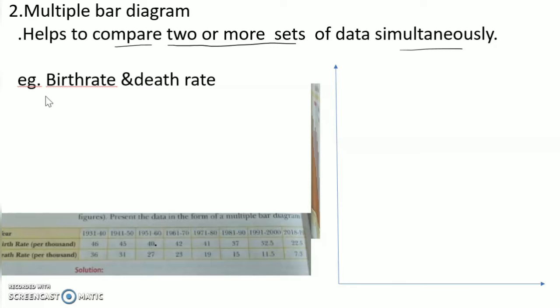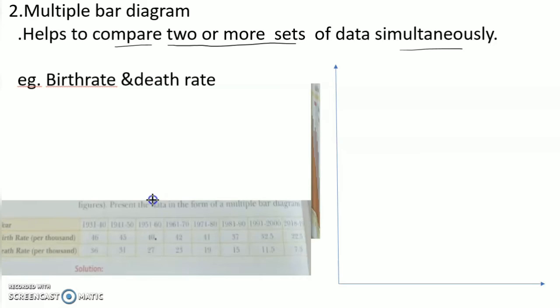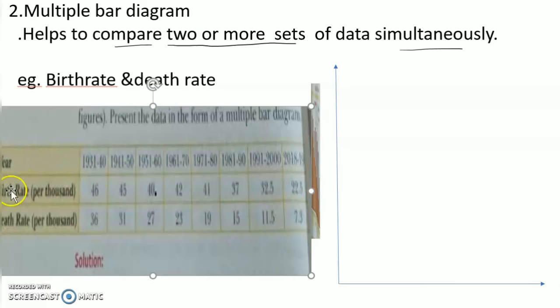Sometimes we use 3 sets of data, but not more than that. In this example we are taking birth rate and death rate. We can compare these two sets of data. I am giving one example here, then it would be clear for you.